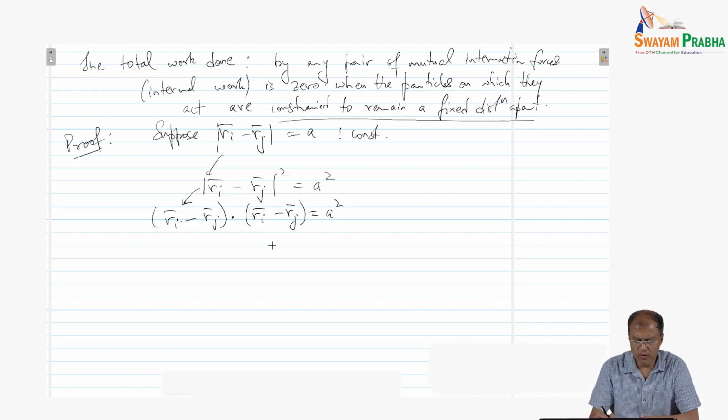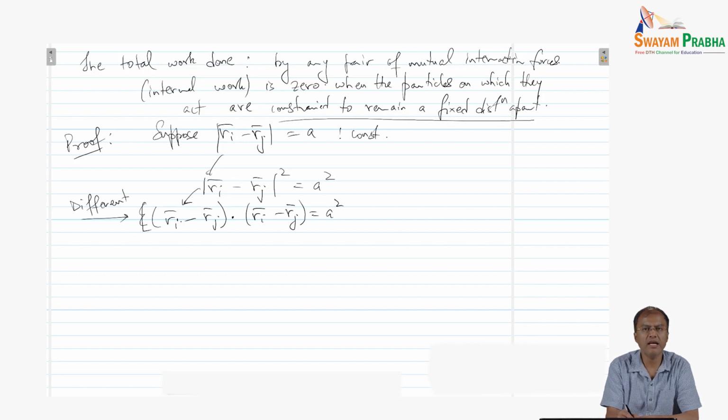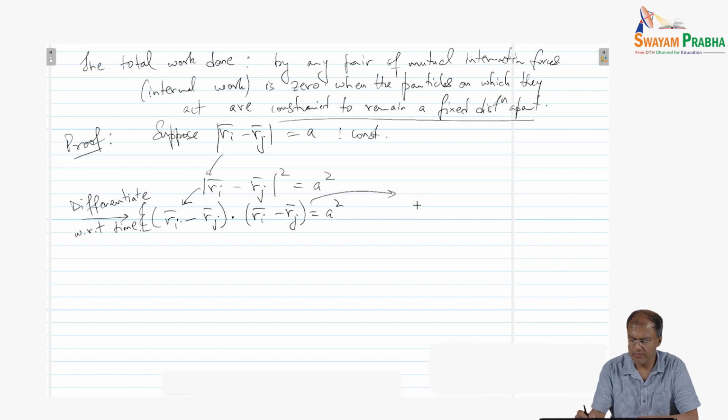Okay. So now we can differentiate this relation with respect to time. This is going to be Ri minus Rj dot with Ri dot minus Rj dot, and this is equal to 0 because A is a constant.